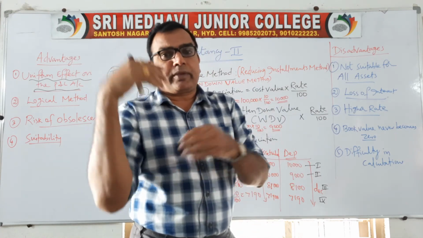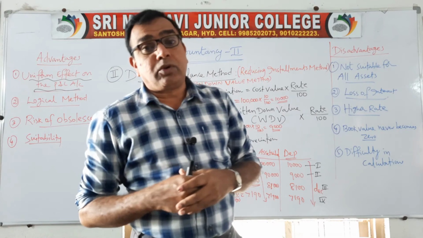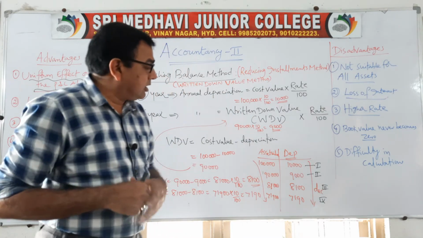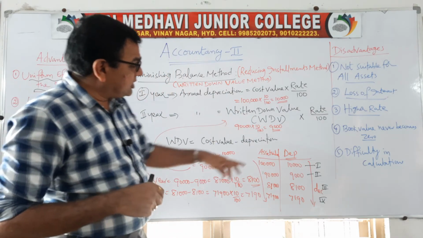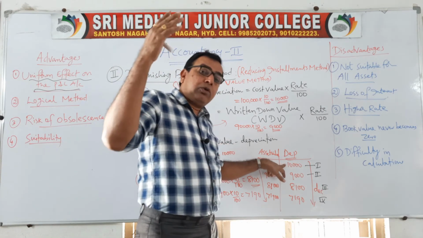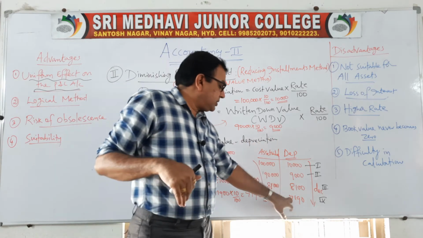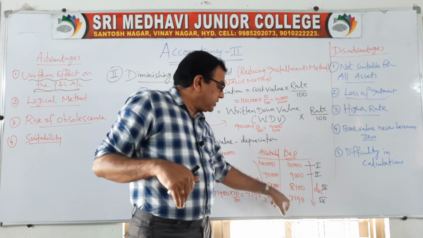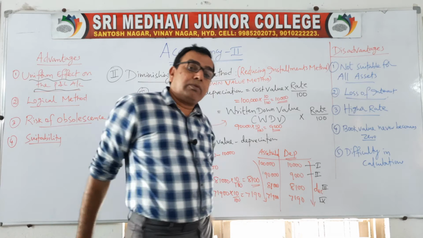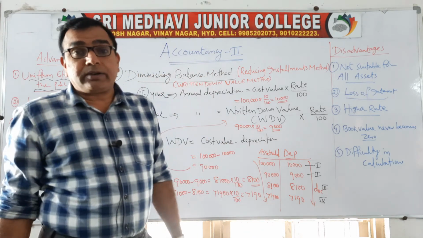Only in case of old asset you will be spending more amount in case of repairs and maintenance. So here initially depreciation amount will be more, repairs cost will be less. At the slack years, here depreciation will be less, repairs cost will be more. So both will get balanced.